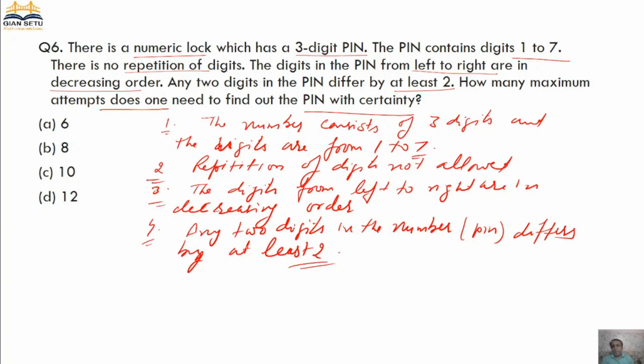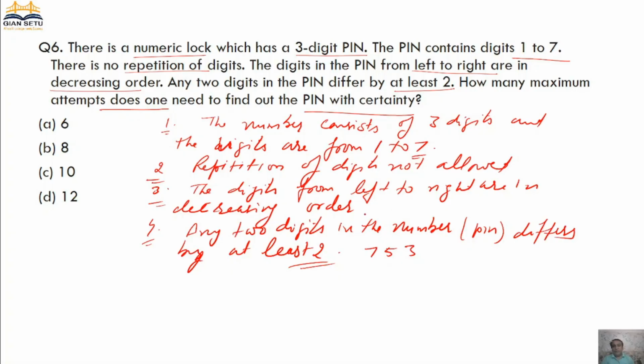So let's take an example. The numbers can be in the form of 7, 5, 3. See here, 5 is less than 7, 3 is less than 5, and the difference between any two pair of digits is 2 or more than 2, right?